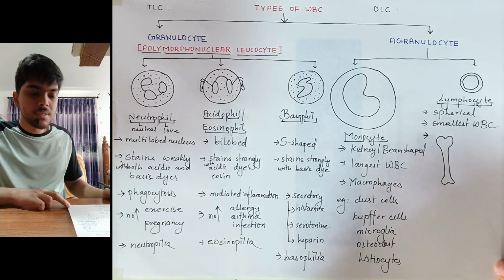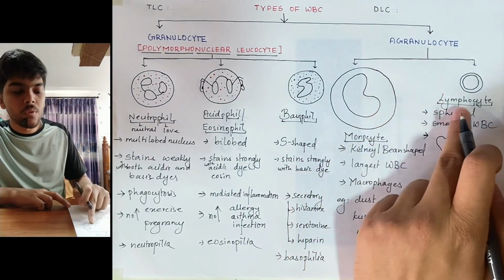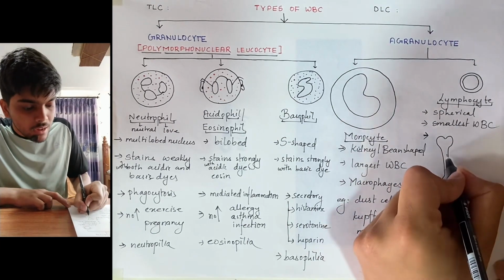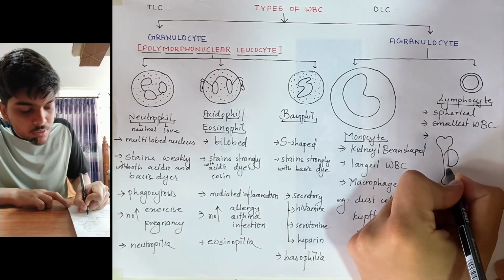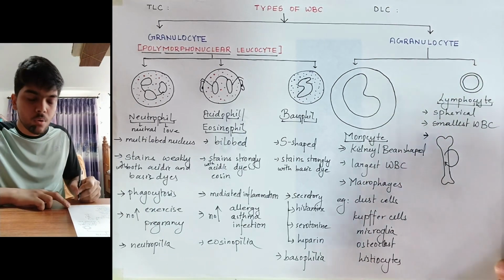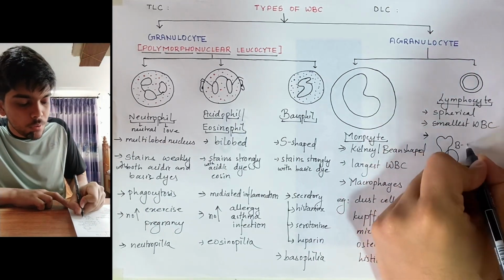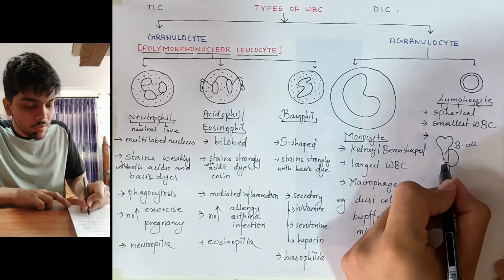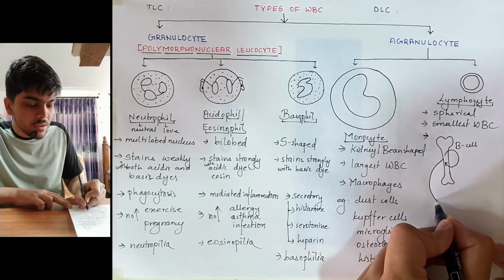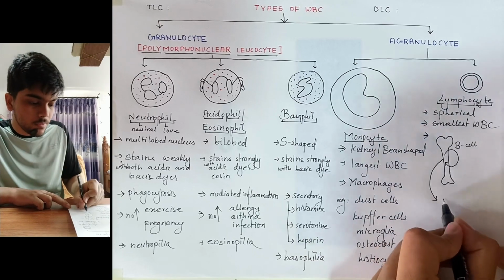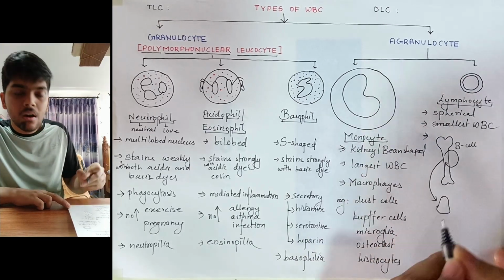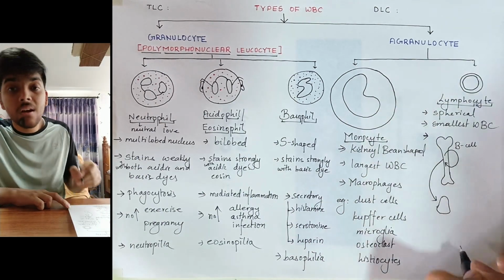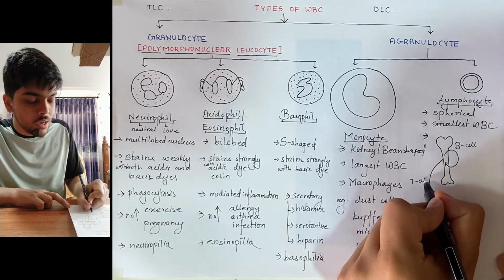Out of these WBCs, under agranulocytes, we have lymphocyte. If the lymphocyte matures and differentiates within the bone marrow, then that's B cell or B lymphocyte. But if this particular lymphocyte comes out of the bone marrow, enters an endocrine gland named thymus, and then matures there, then that's your T cell or T lymphocyte.